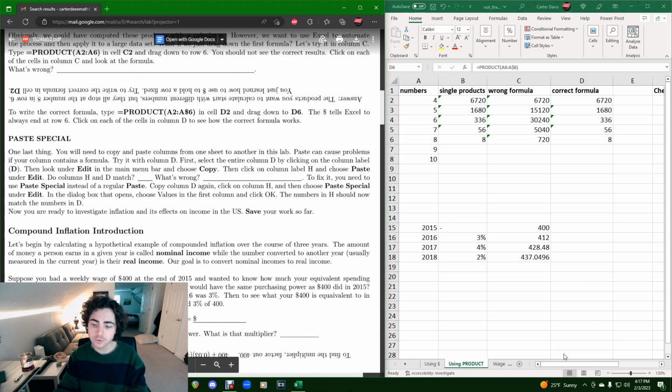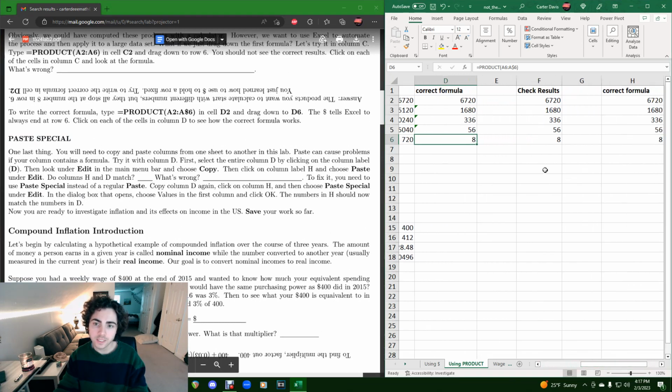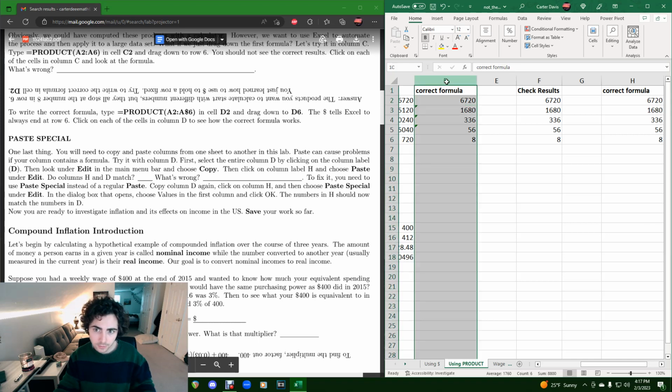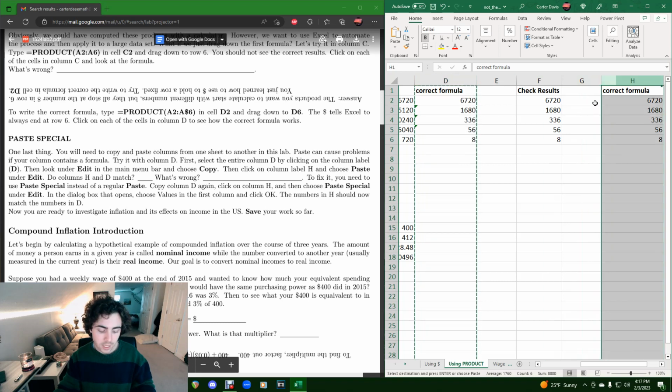Paste special is a way to copy and paste information without losing the values that might have been produced by formulas. Like column D here, they have you click on column D, click copy, so Control C or Command C, and then click on H and paste it. So I would do Control V, as in Virginia.